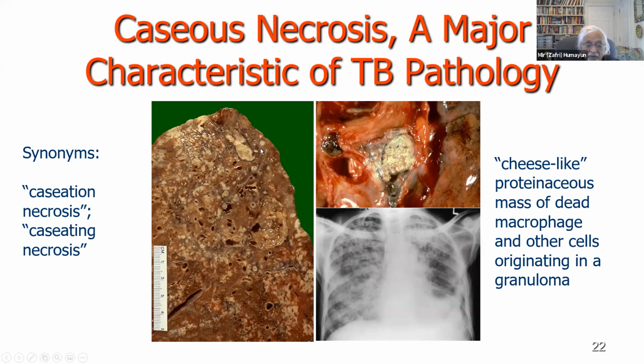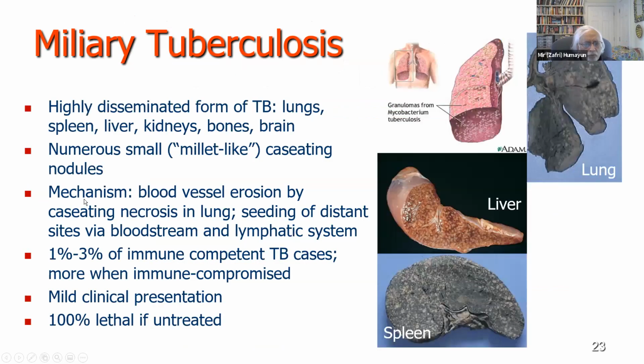Cavities form in a lung when a site of caseous necrosis ultimately is liquefied and the liquid is expelled by coughing, leaving cavities that are filled by liquid. They show up on the X-ray as shadows as well.